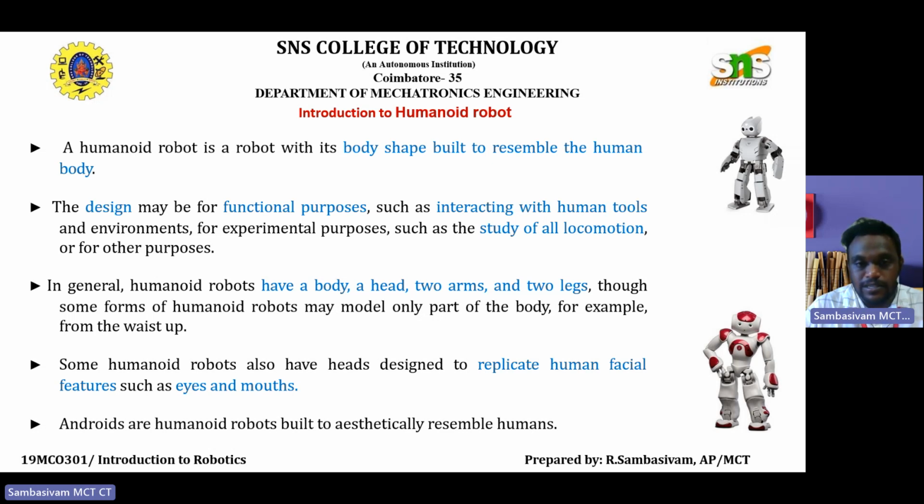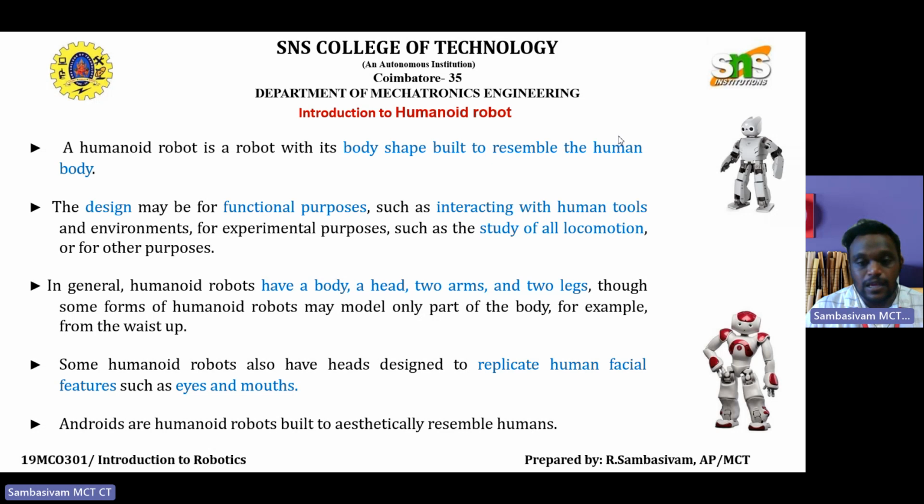It has an interactive medium which relates to the environment. For example, some humanoid robots may model only part of the body, for example from the waist up or from the wrist up, depending on the task.